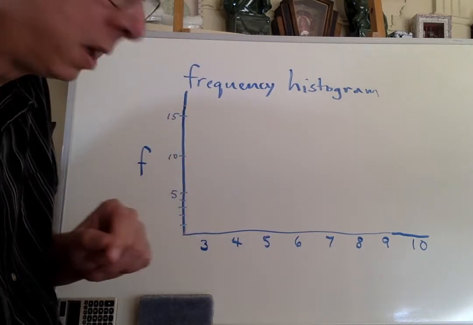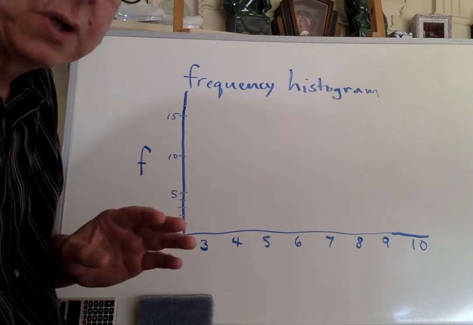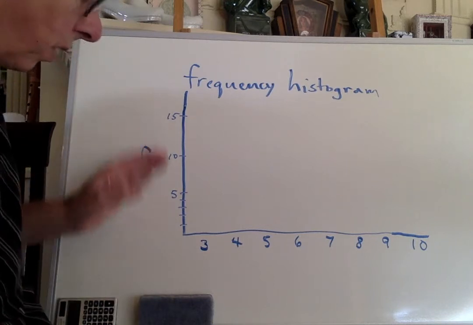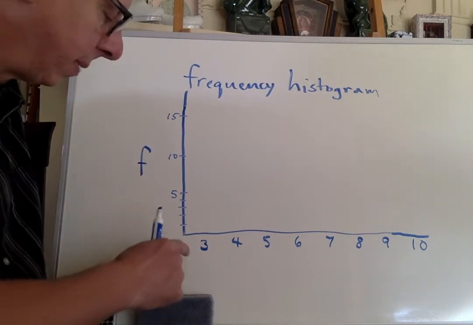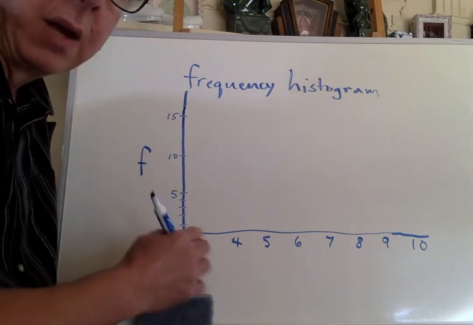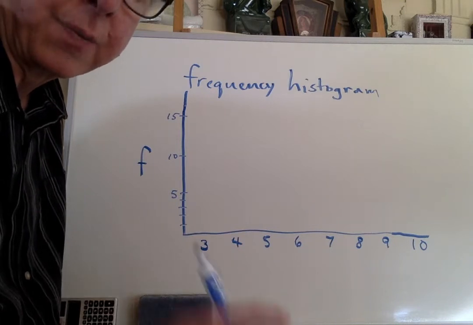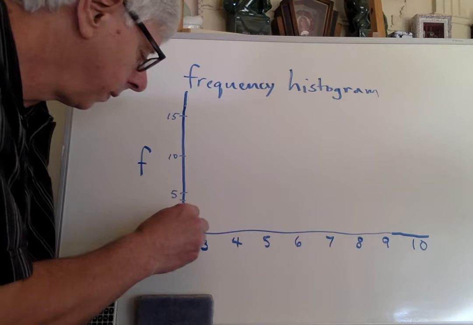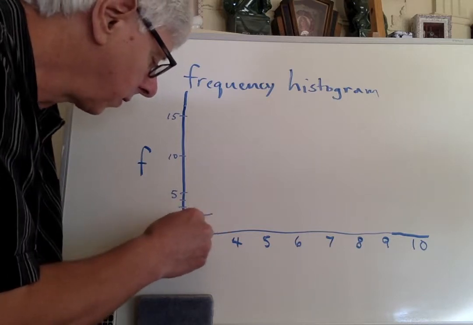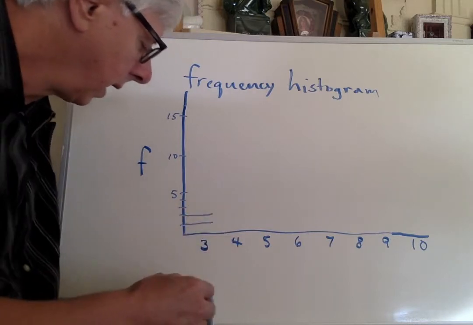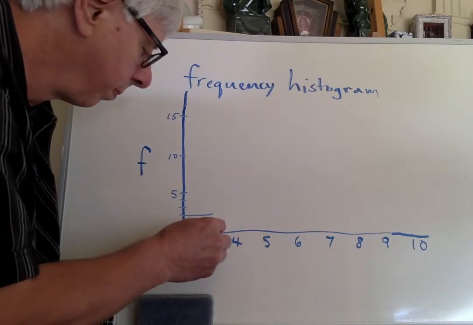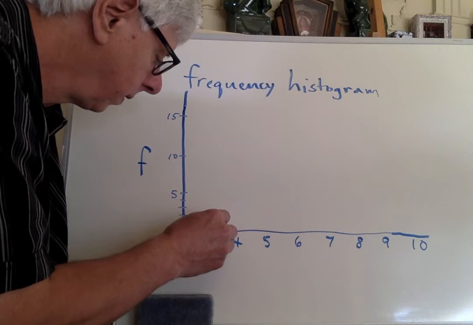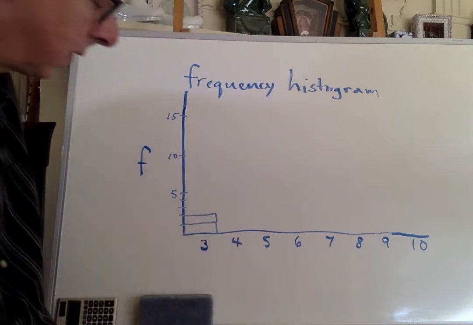Okay, now here's how we're going to do this. We look to see how many people, that is, what is the frequency of the people that reported a 3. And when we look at our frequency distribution table, we see that 2 people reported a score of 3, and I'm going to make this 2 boxes here, and have them come down like this, right?